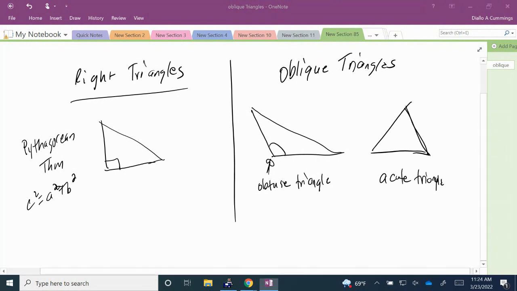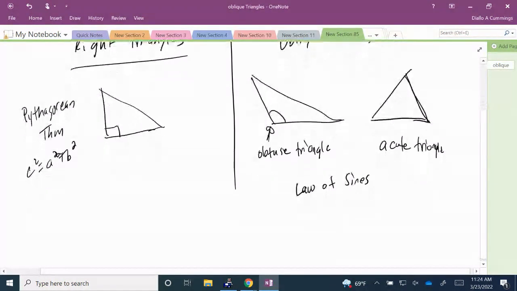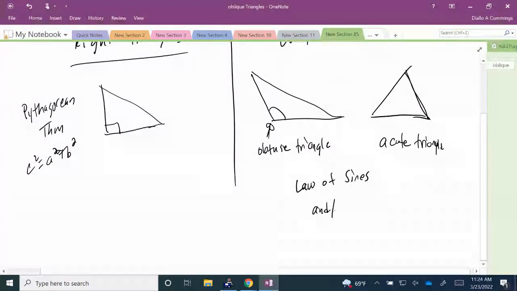When we talk about oblique triangles, we solve them by using the law of sines and/or the law of cosines. Okay, so this is a shift in what we've been doing.